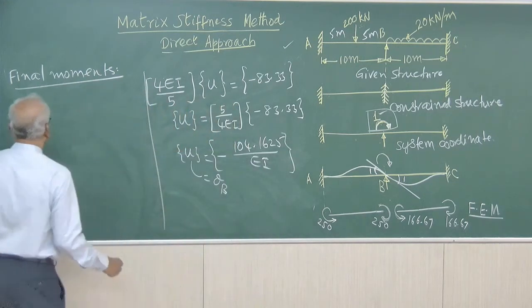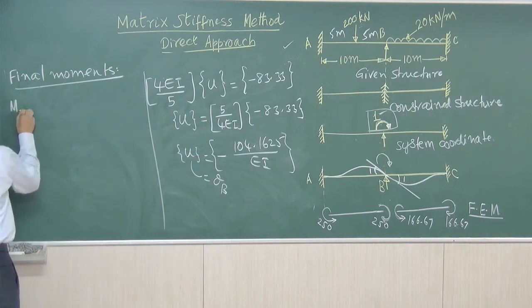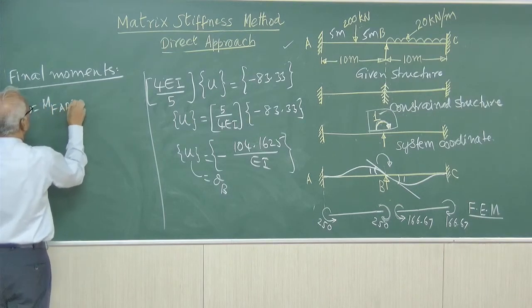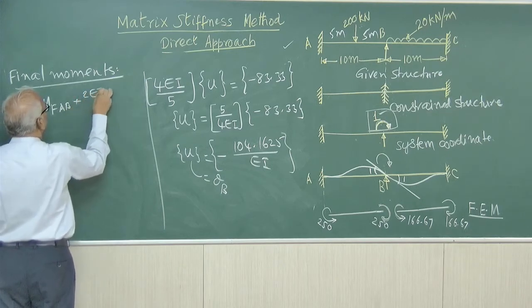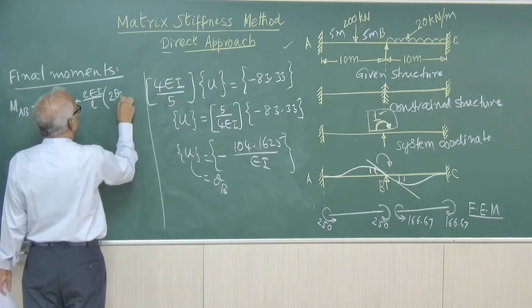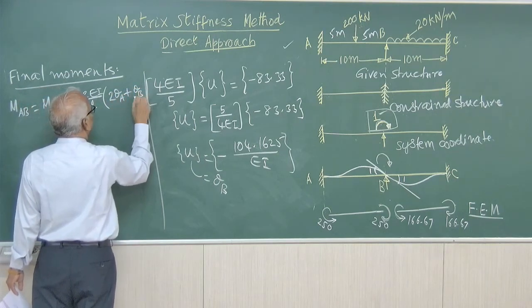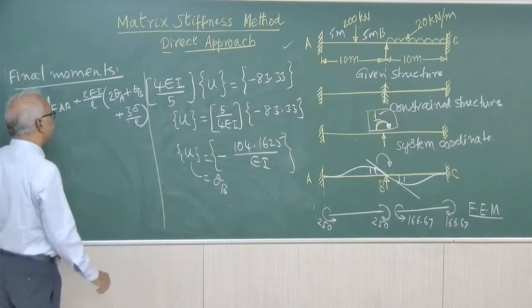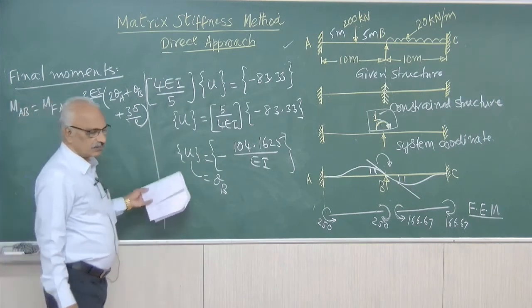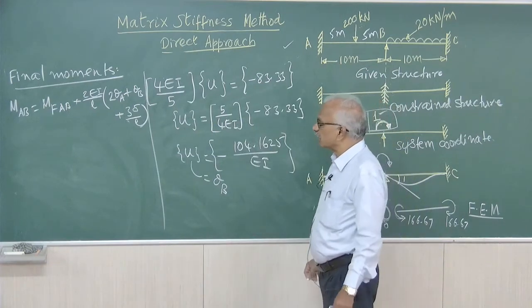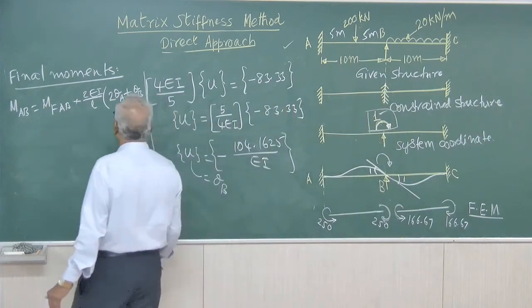The slope deflection equation for the moment MAB is M of AB plus 2EI by L into 2 theta A plus theta B plus 3 delta by L. So it is a standard equation we know. Therefore, let us avoid wasting time on these calculations. I will just write down the equation and give only the final answers.